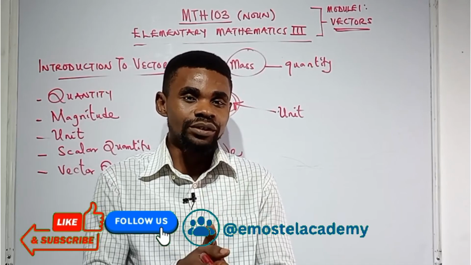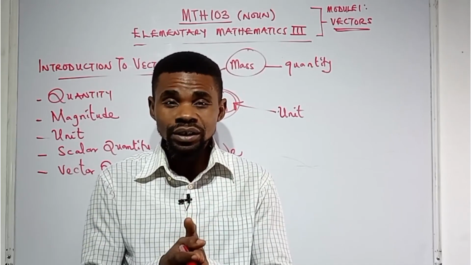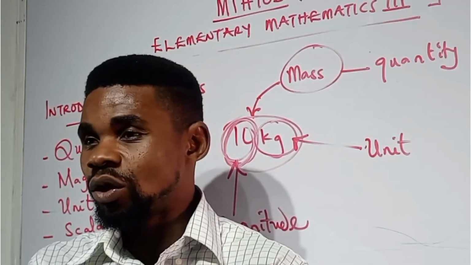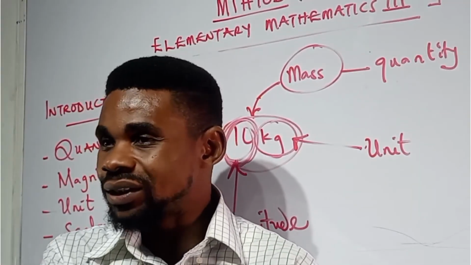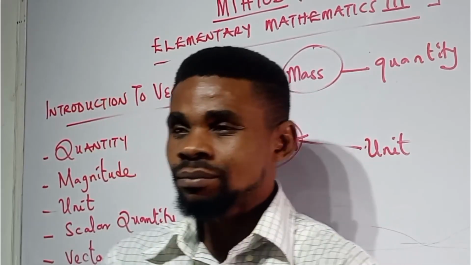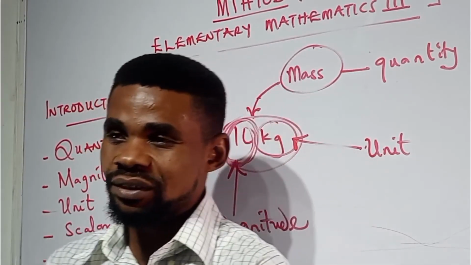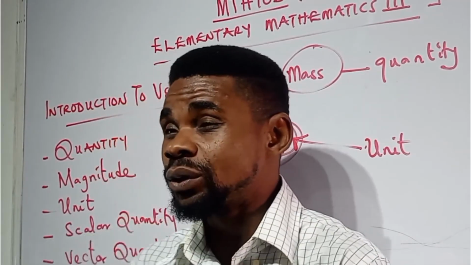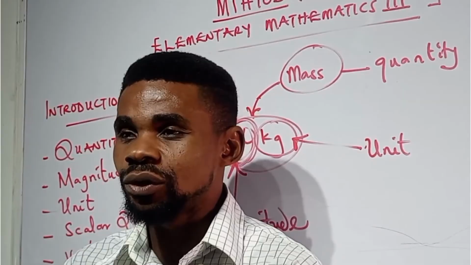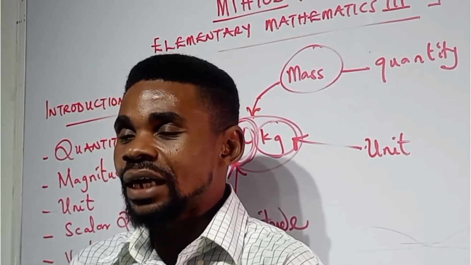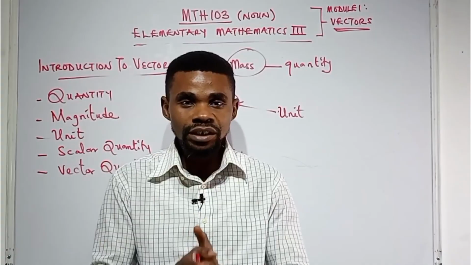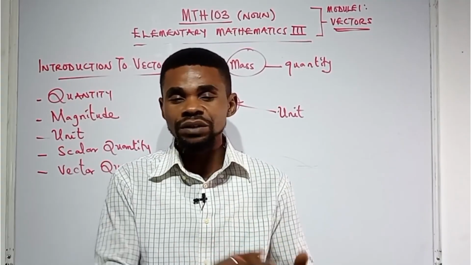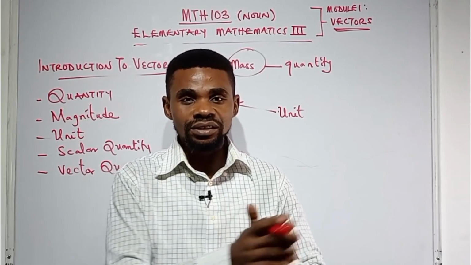That's the reason why velocity is a vector quantity: the displacement on which velocity depends is a measure of distance traveled in a specific direction, so it has direction. I don't want to go too much into physics. When we do physics, we'll talk more about all of these things. I'm just trying to make you understand that anything that can be measured and has direction is a vector quantity. But if it can be measured with no specific direction, then it's a scalar quantity.